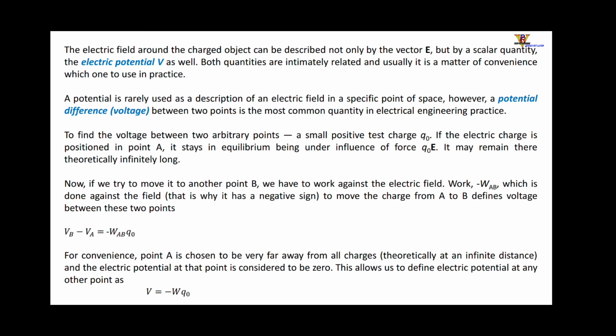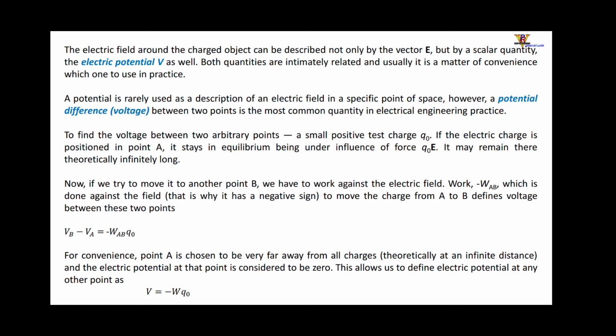It is the most common quantity in electrical engineering practice. Voltage means the difference between two points. So to find the voltage between two arbitrary points, how can we derive the expression for electric potential?